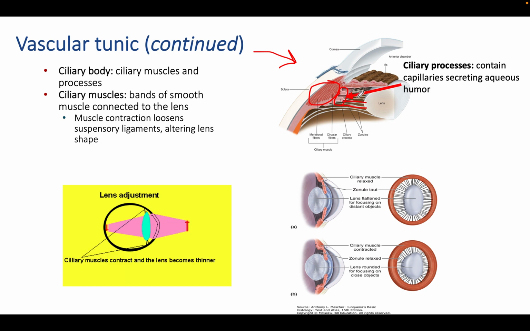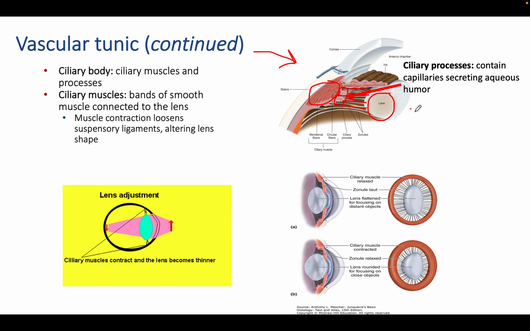All right, as the ciliary muscles contract and relax, and they're a smooth muscle, they're going to pull or loosen these fibers, which are called zonular fibers or suspensory ligaments. As these are pulled tight and as they are let loose, it changes the shape of this lens.